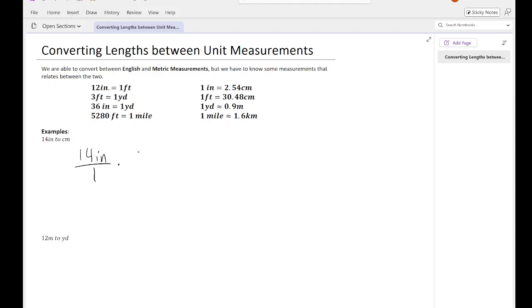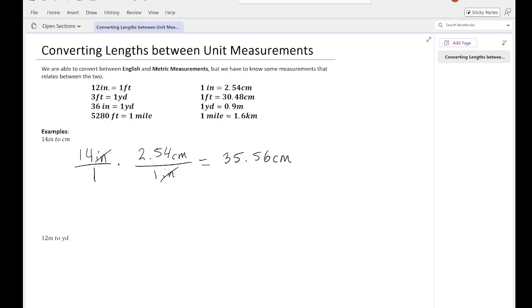So I'm going to have 2.54 centimeters over 1 inch. That way, the inches cancel. I'm left with the unit measurement I want, centimeters. So it's easy. 14 times 2.54 is going to give me 35.56 centimeters.